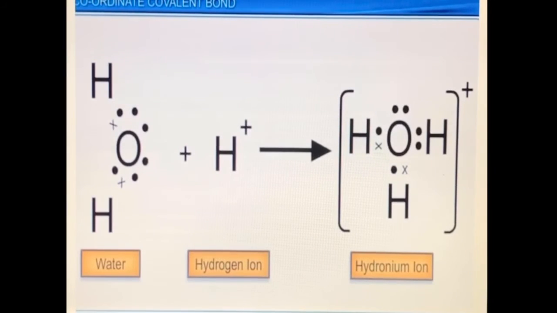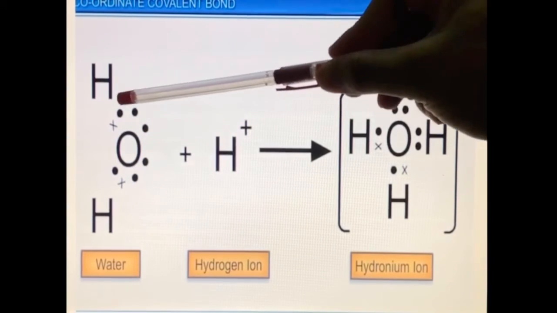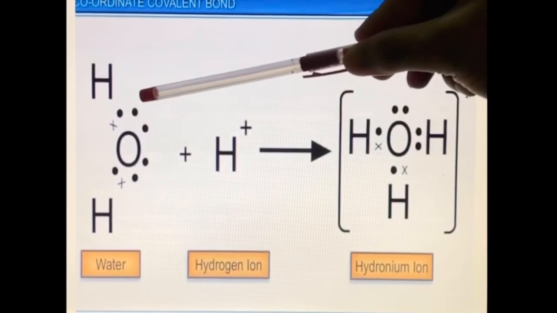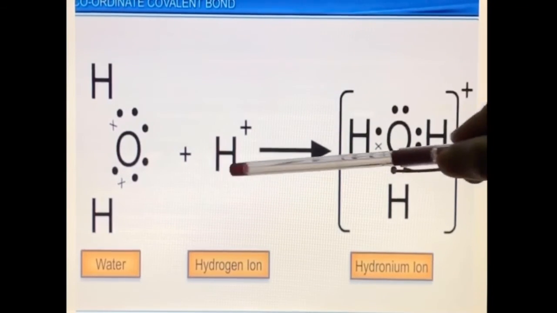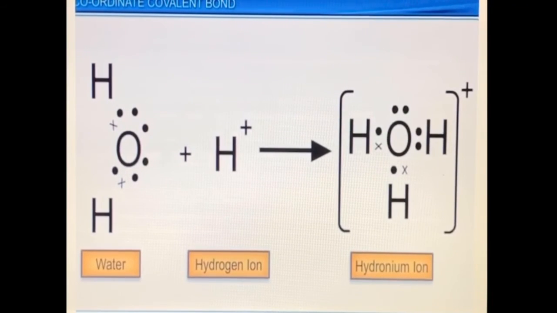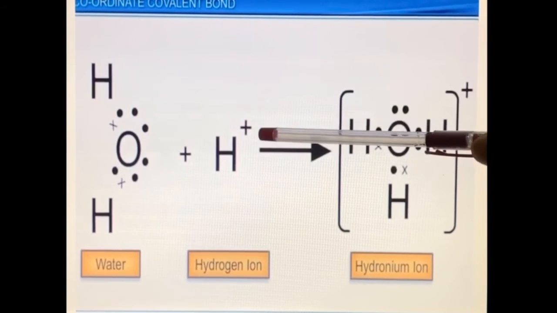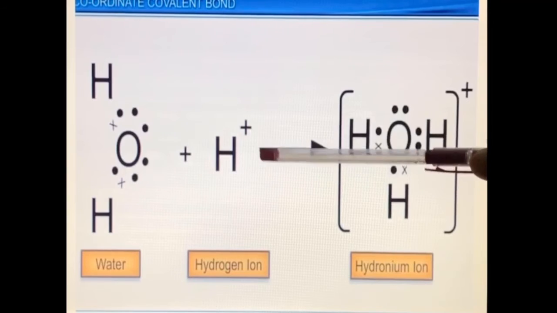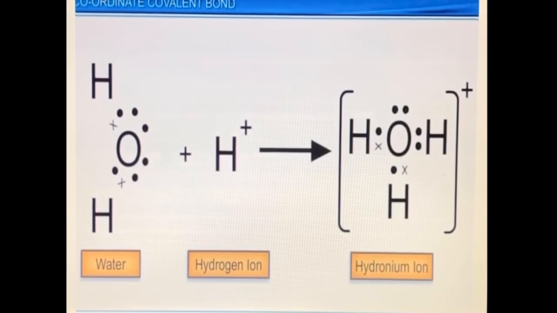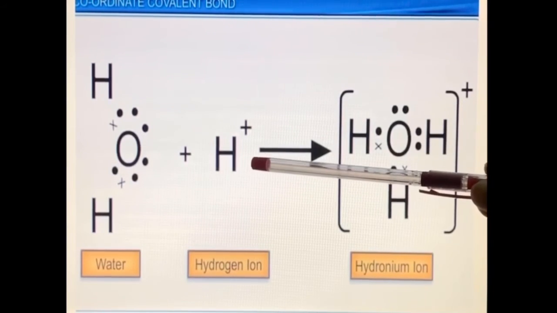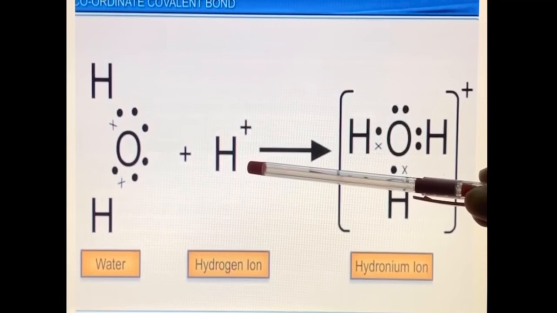For example, in water, coordinate bonding forms by unequal sharing, in which one atom has a lone pair and another has a deficiency of 2 electrons. Hydrogen has 1 electron, but by releasing it becomes H plus, with no electron in it. It requires 2 electrons to get the stable configuration of helium.